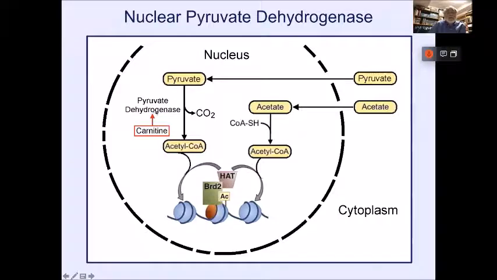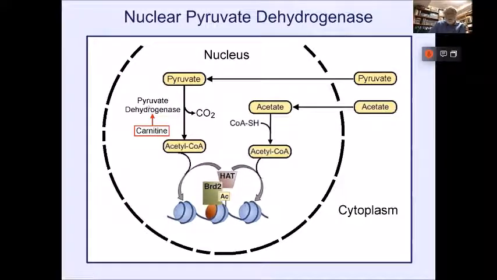This enzyme is one of many enzymes that exist in an active and inactive state. And carnitine converts more of the enzyme from the inactive to the active state. So this is another way that carnitine could be working. It could be increasing the activity of the pyruvate dehydrogenase, which occurs in the nucleus.